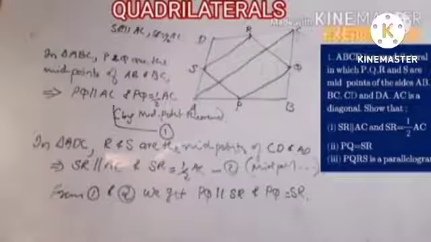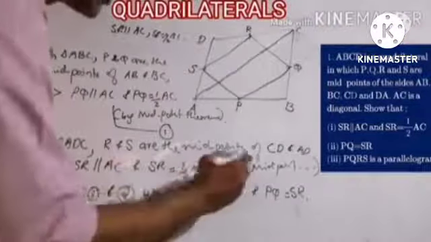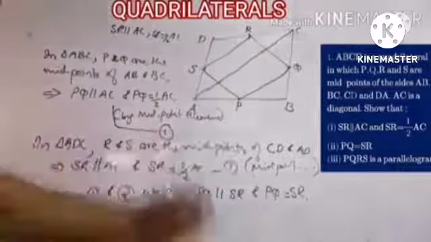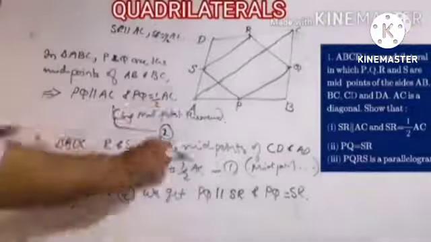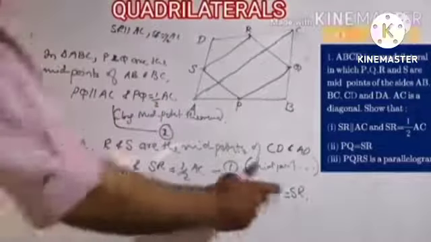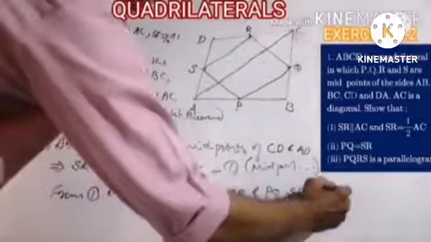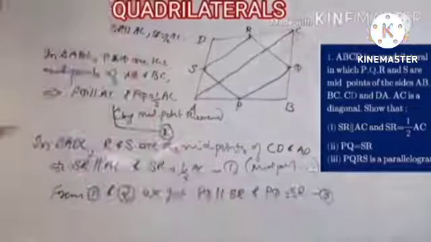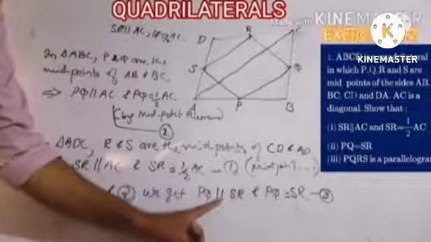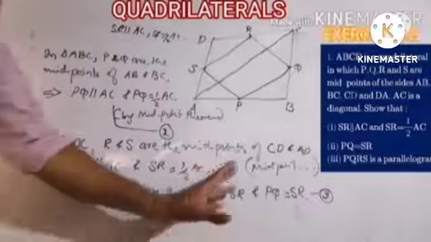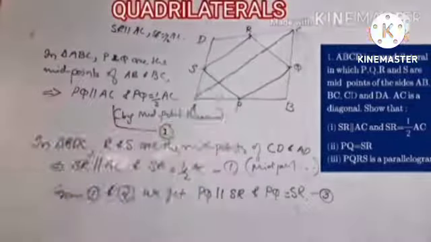So let this equation be 1 and this equation be 2. This is the first answer. Now connecting 1 and 2, we will have the second, that will be equation number 3. In equation number 3, we have a pair of sides parallel and equal, so we can say that the figure obtained is a parallelogram.